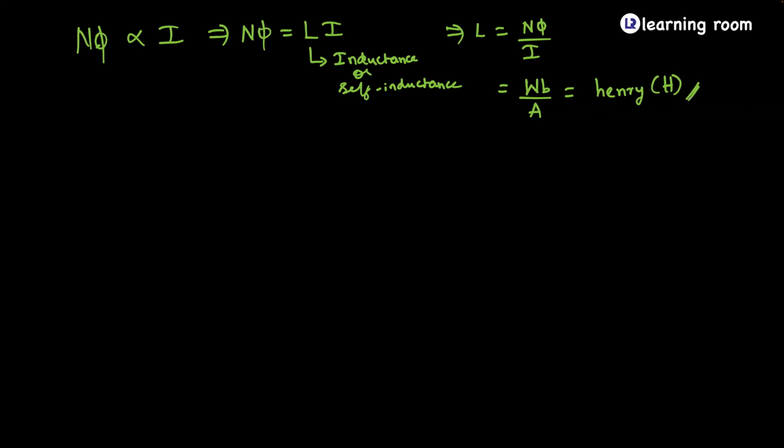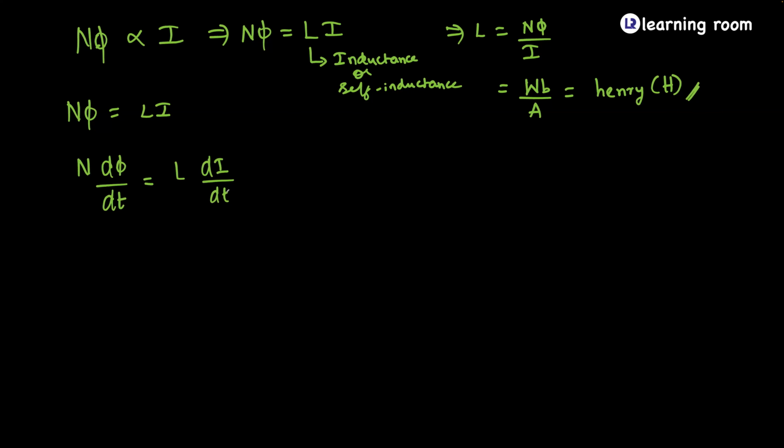So when I say N into phi is equal to L into I, if I differentiate on both sides, then I'll get N into d phi divided by dt is equal to L into di divided by dt, because here the induction is taking place only because of the change in current.